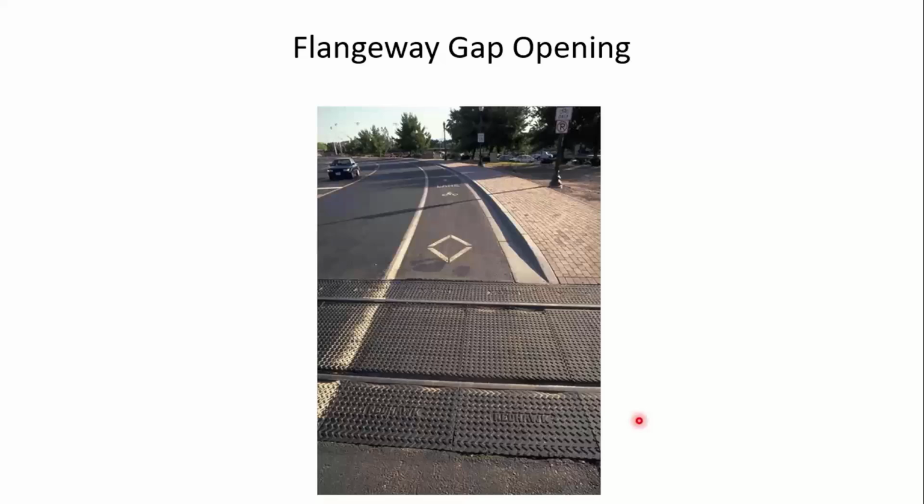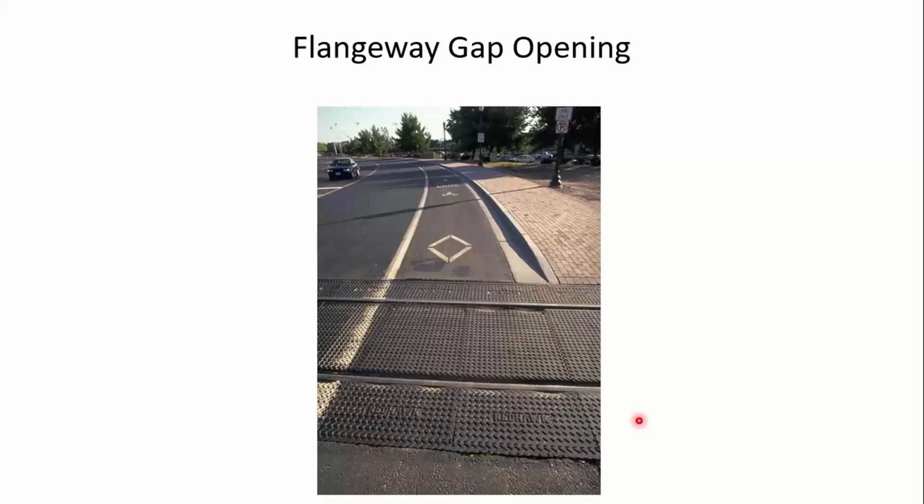And then after the train passed, it would revert to its original position to fill that opening. Well, the issue then and now is that, to my knowledge, no one has developed a good material or system that really works as a flangeway gap filler. So the current final rule of PROWAG mentions the flangeway gap problem, but they don't require a flangeway gap filler, I think in recognition of the fact that there is none that's practical at this point.